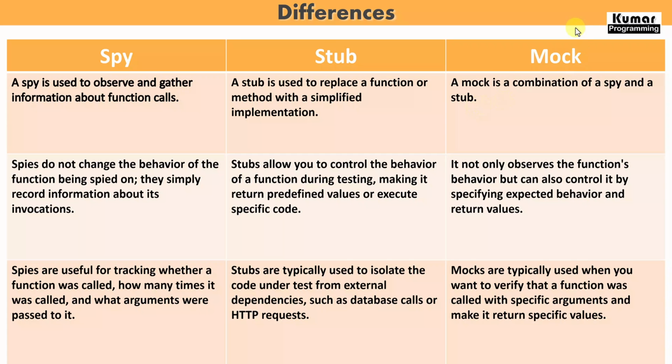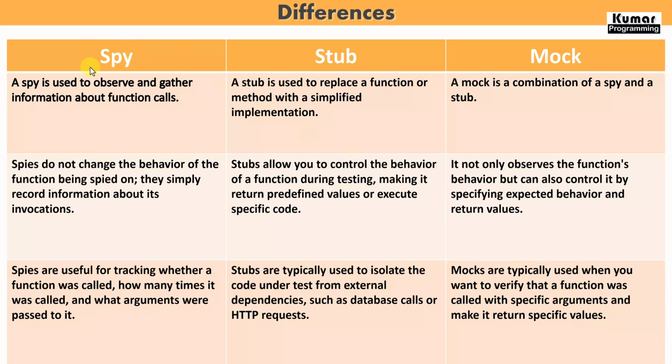So mock has the functionality of spy as well as stub, but there is a syntactical difference between stub and mock. It not only observes the function's behavior but can also control it by specifying expected behavior and return values. It records the information about the function as well as it changes the behavior of the function. Mocks are typically used when you want to verify that a function was called with a specific argument and make it return a specific value.